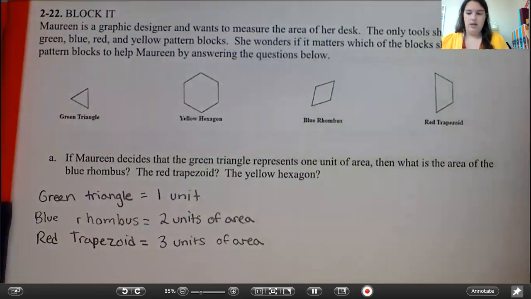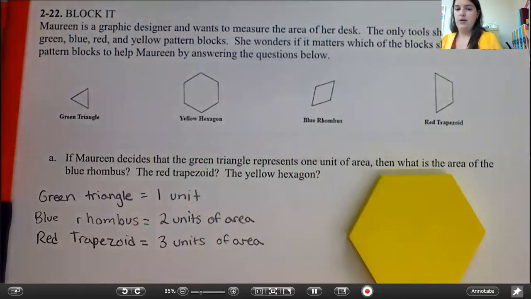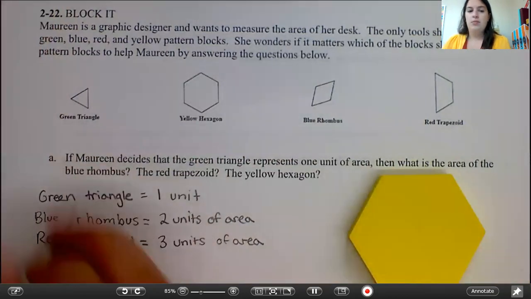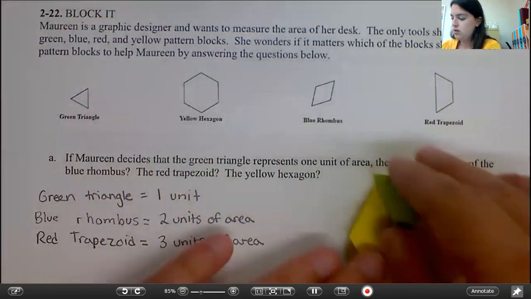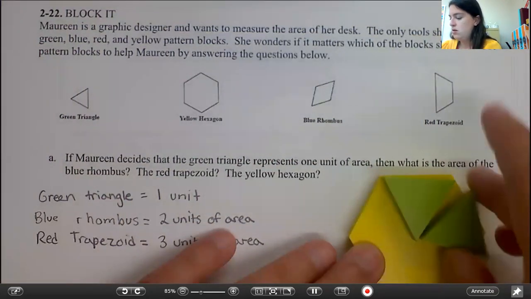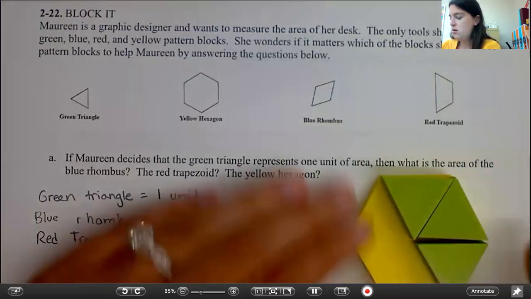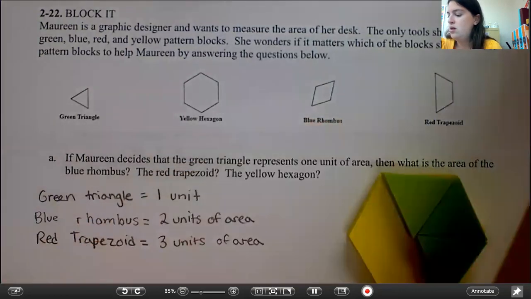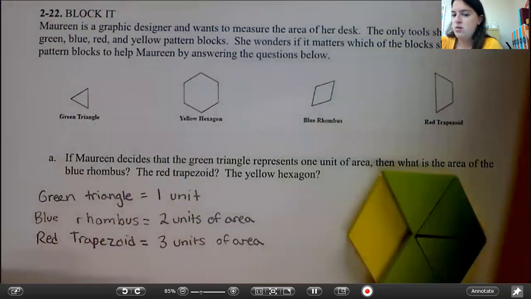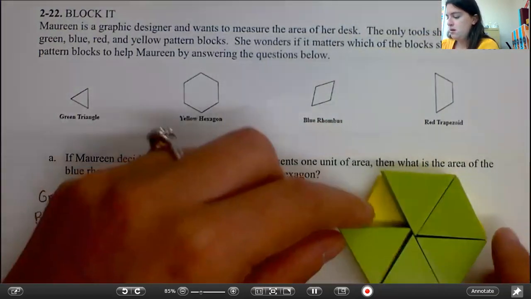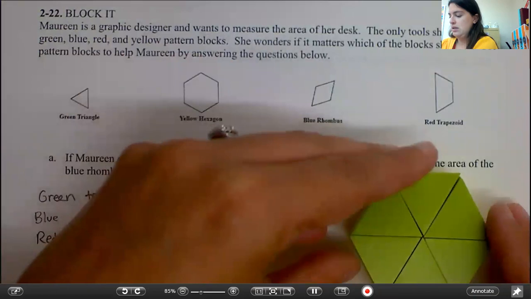Now we have 1 more. Now we have to find the area of the yellow hexagon. So I have a yellow hexagon here, and we want to figure out how many green triangles, which are our 1 unit, it will take to fill it in. So let's start. 1, 2, 3, 4, 5, and 6.